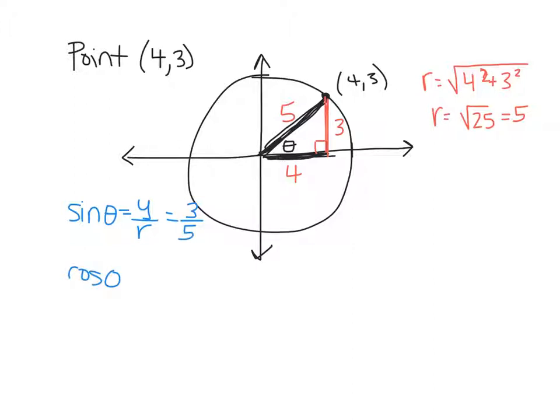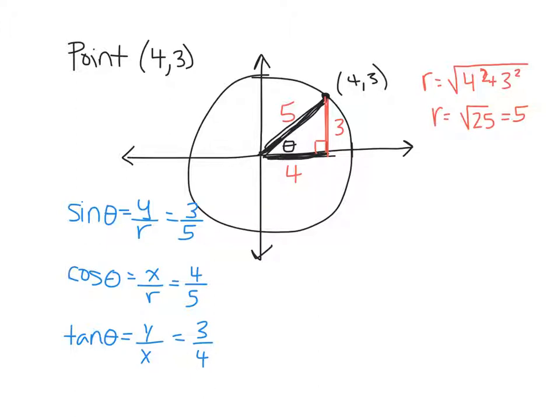Cos theta is equal to x over r, which in this example is 4 over 5. And tan theta is equal to opposite over adjacent, so y over x, which is 3 over 4. So those are the exact values of our 3 trig ratios.